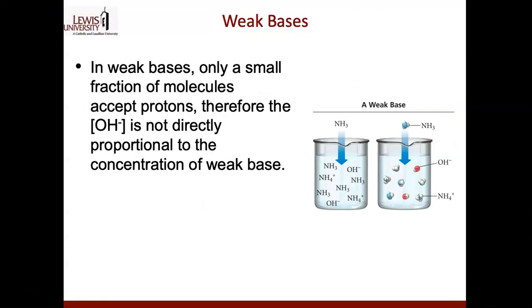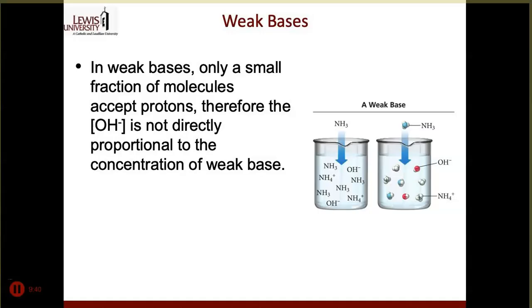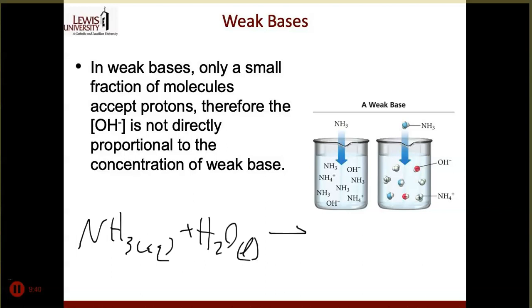Okay, so most strong bases that we run into are hydroxides. We also have some weak bases though, and ammonia, for instance, is a classic example of a weak base. And when we look at ammonia, we talked about this reaction before. It doesn't fully react to form hydroxide in solution. So when NH3 reacts with water, we can form ammonium, but we don't write this as a single arrow reaction.